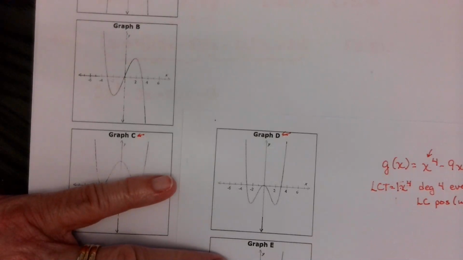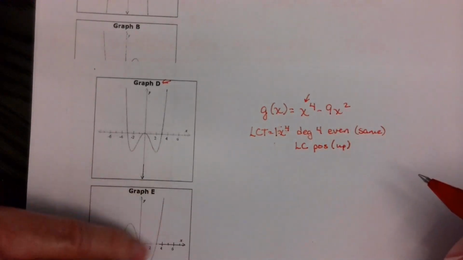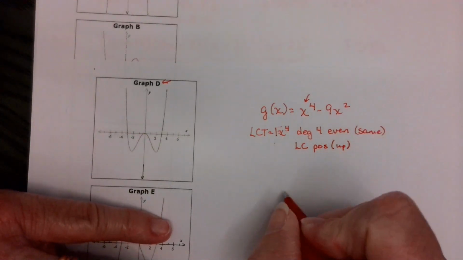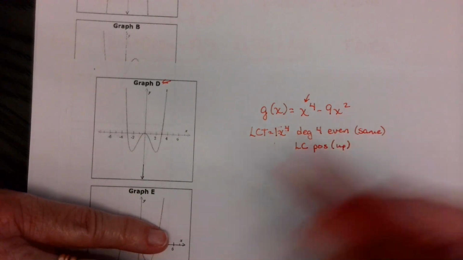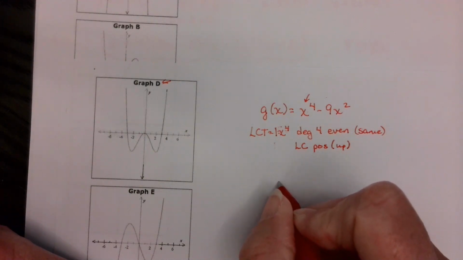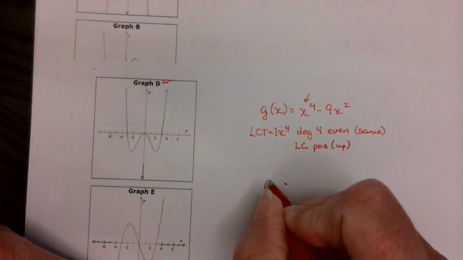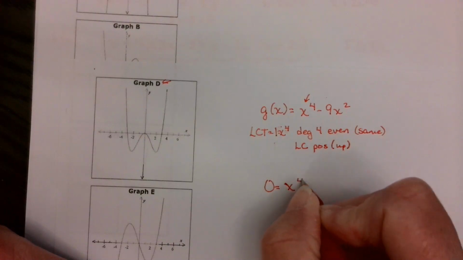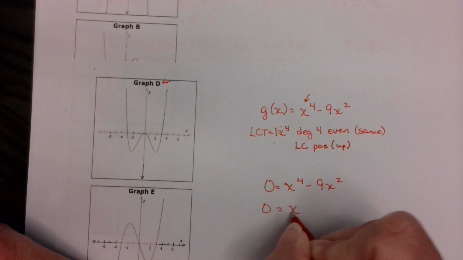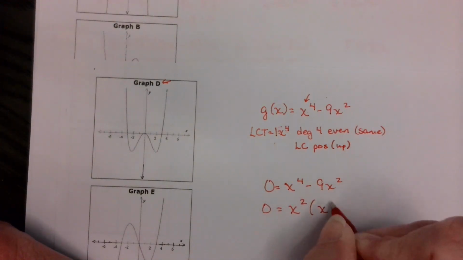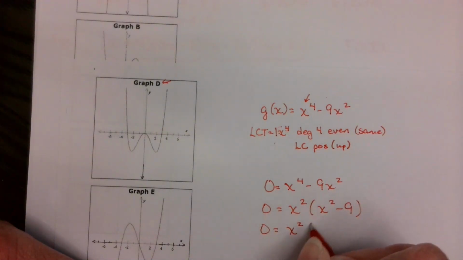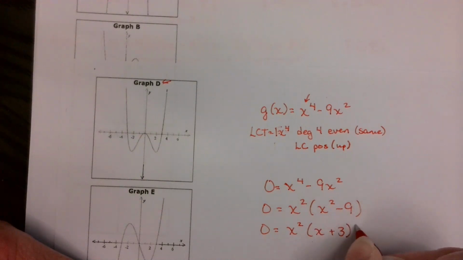So there's a couple ways you can do this. Because I noticed this, what I'm going to do is factor this. I'm going to find my zeros. So that means I'm going to say 0 equals x to the 4th minus 9x squared. I'm going to factor out an x squared, and I'm left with x squared minus 9, which is x squared times x plus 3 times x minus 3.